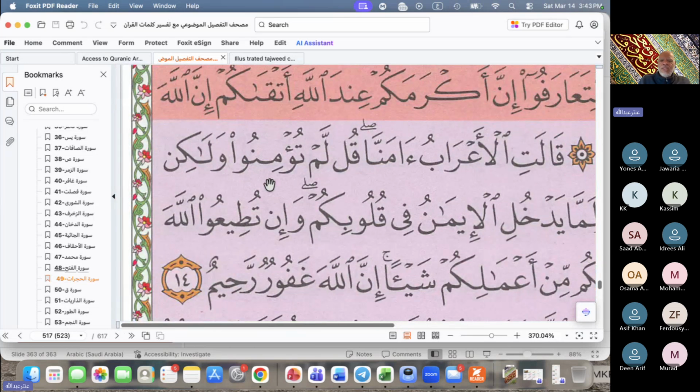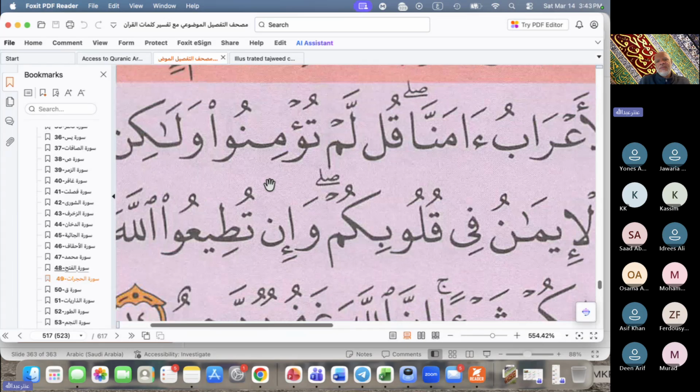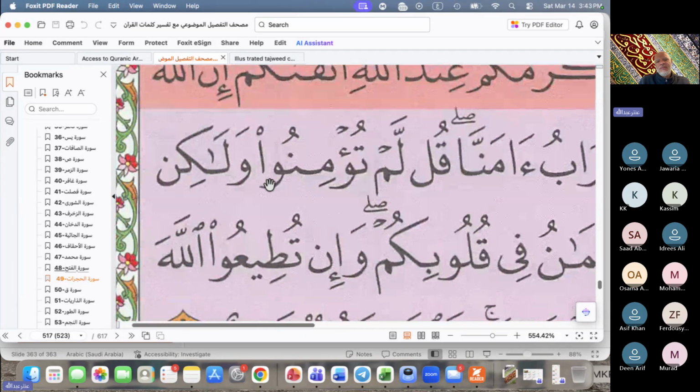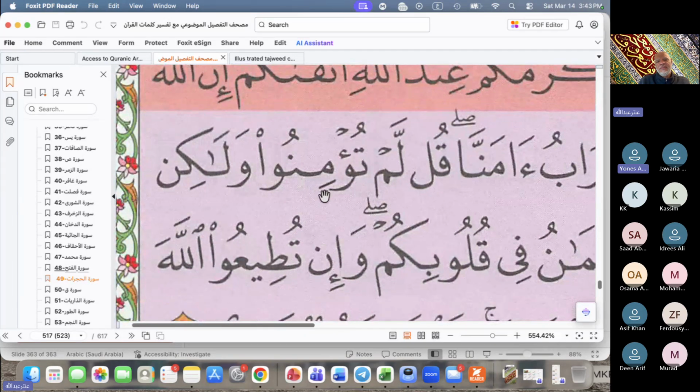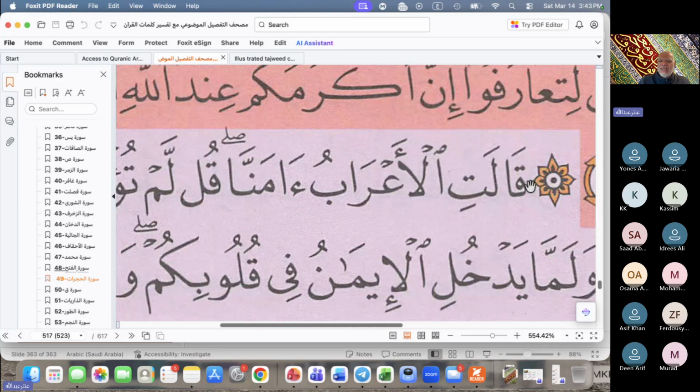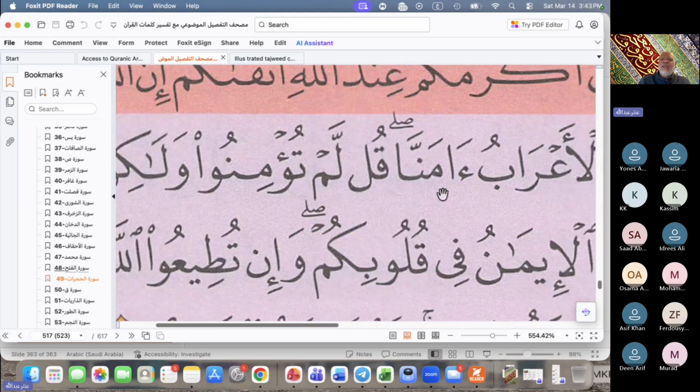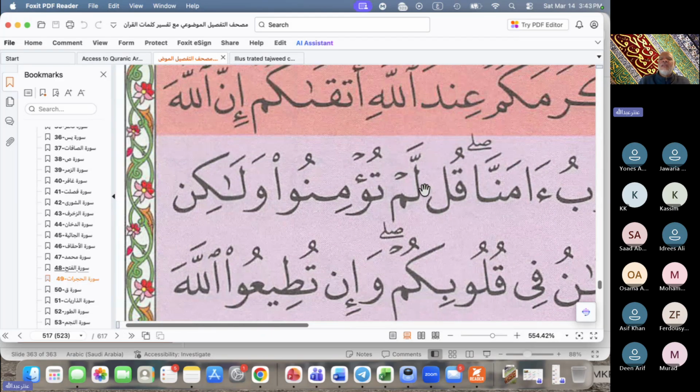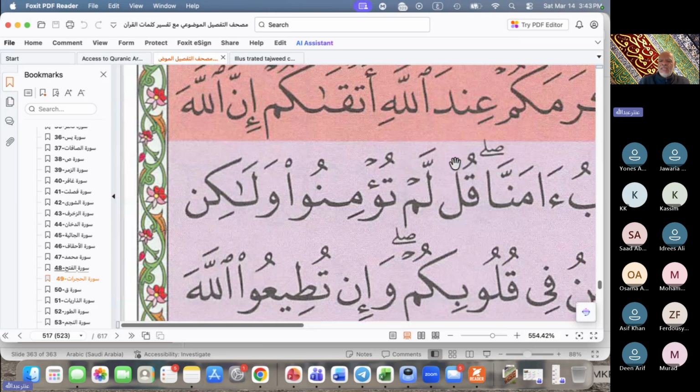So لم تؤمنوا means what? You did not believe. So remember that lam plus the present means the past, for negation. The Bedouins said, we believed, آمنا. Allah subhanahu wa ta'ala says, Muhammad, tell them, no, you did not believe, لم تؤمنوا.